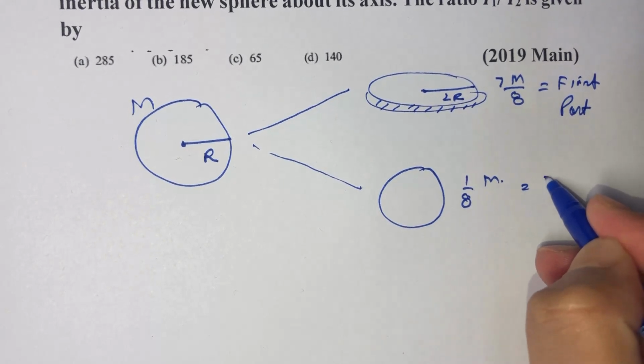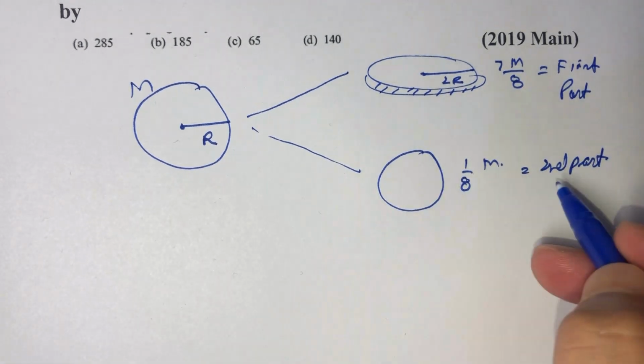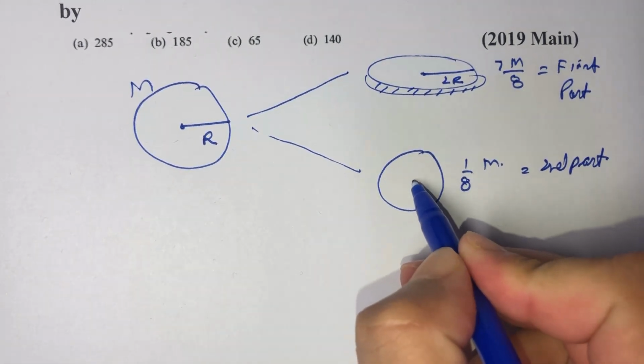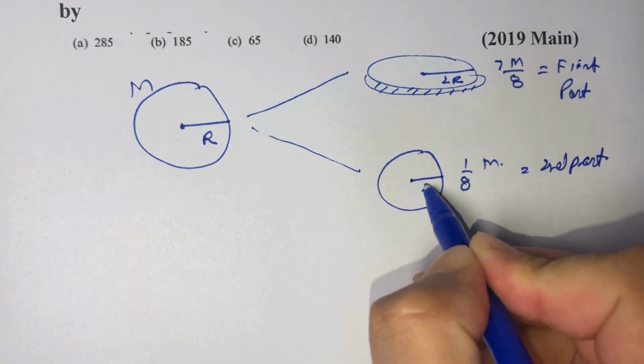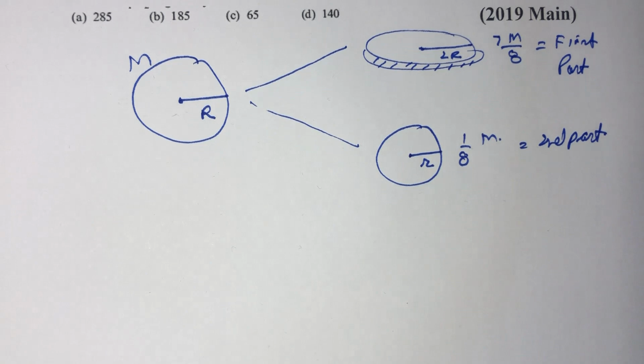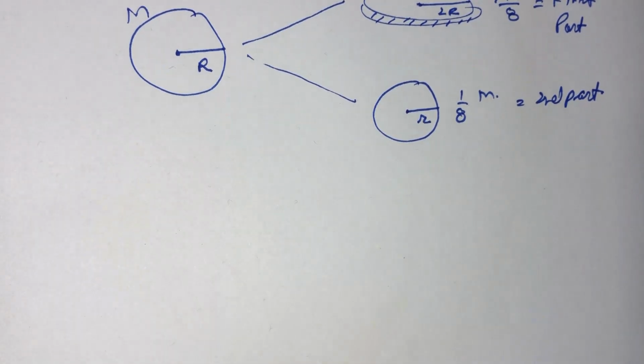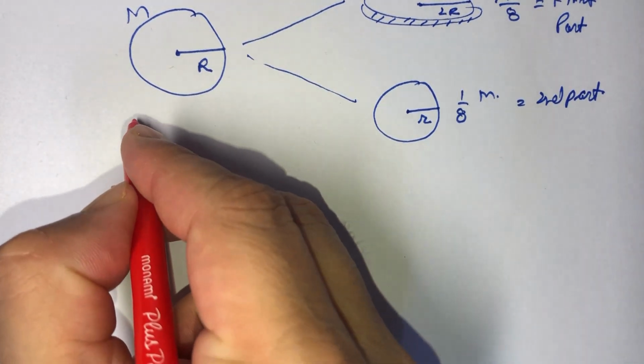And this is our second part, and let us suppose the second sphere has a radius of small r. Let us call this the original sphere.